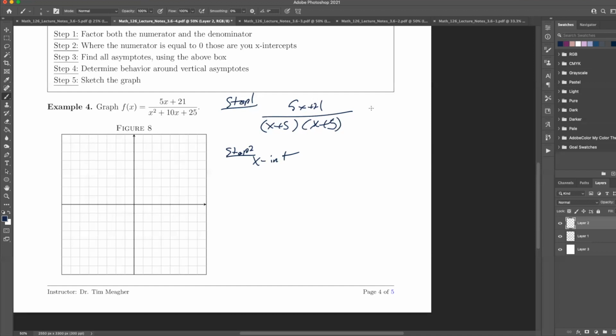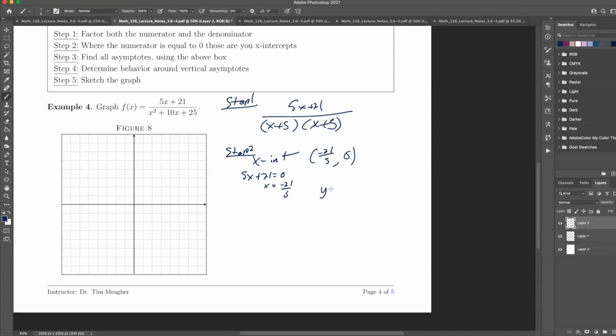Here, if I set the top part equal to 0, I have 5x plus 21 equal to 0. That means x is equal to negative 21 fifths. So my x-intercept is at negative 21 fifths, 0, and that's the only x-intercept we have.